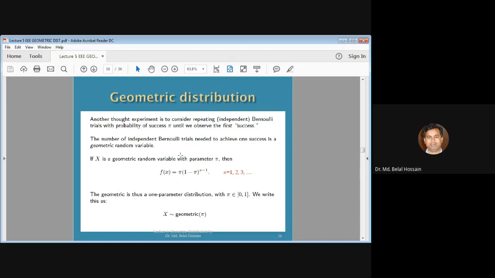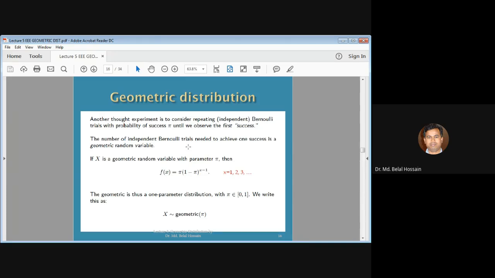The number of independent Bernoulli trials needed to achieve one success is a geometric random variable. Okay, so you have to remember the application type of things for geometric distribution, from where this geometric random variable is coming. So that is the number of independent Bernoulli trials.